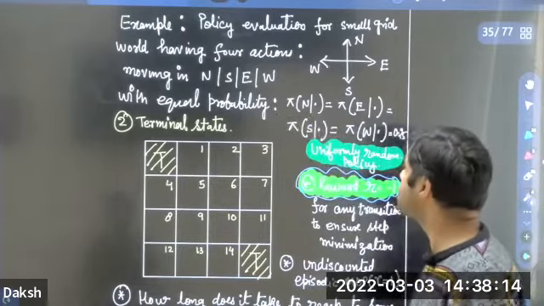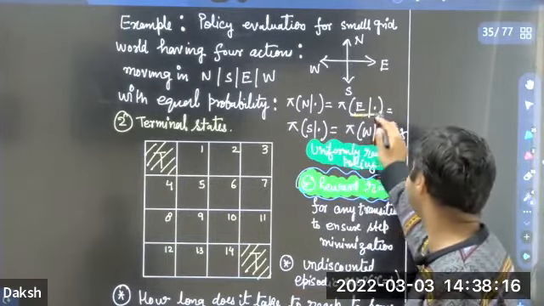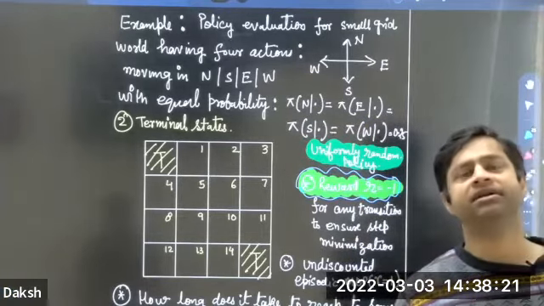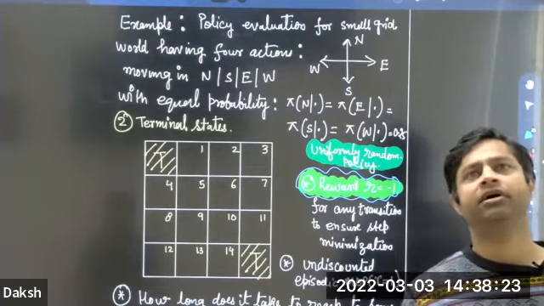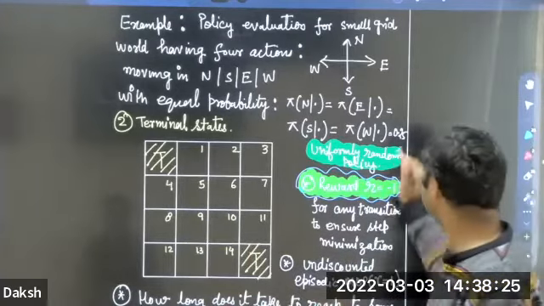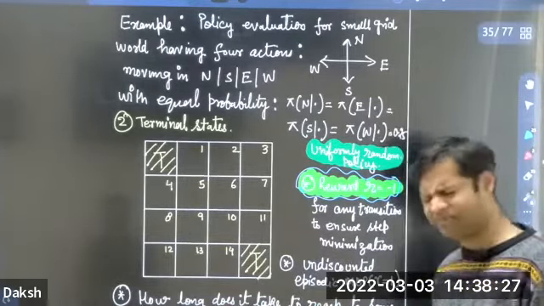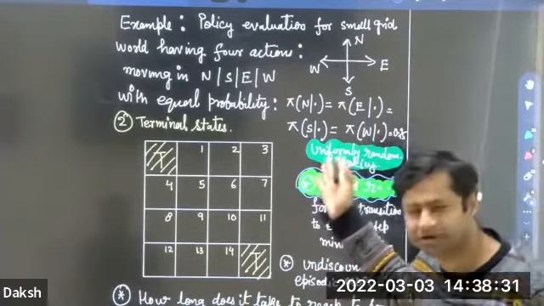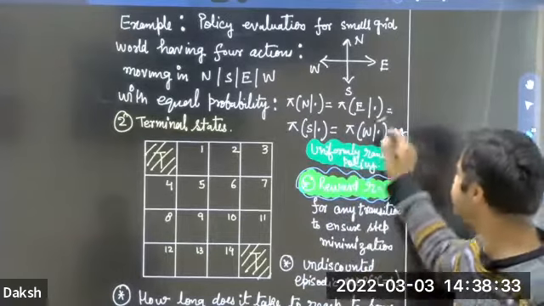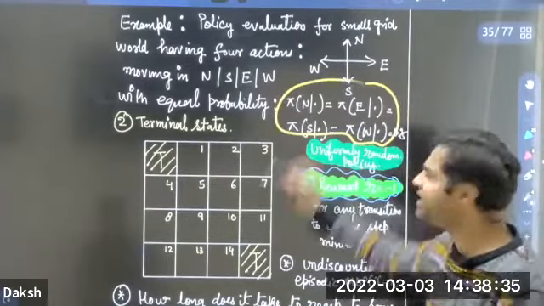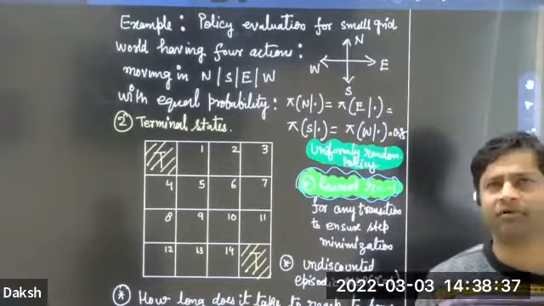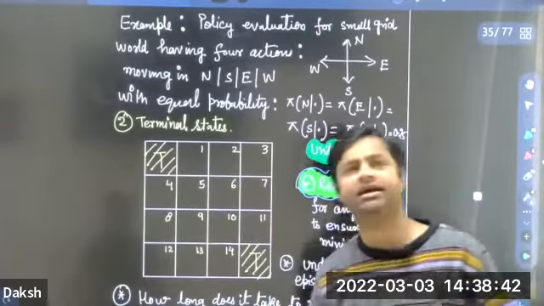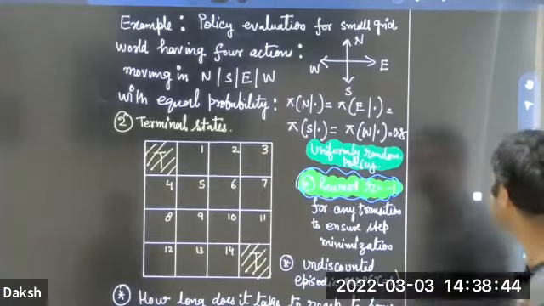Pi north, pi south, pi east, pi west. Dot means any place at any location. If you go with 0.25 each, which is 1 by 4, it's a random policy, which is saying that at any location, you can go in any direction with uniformly random probability.